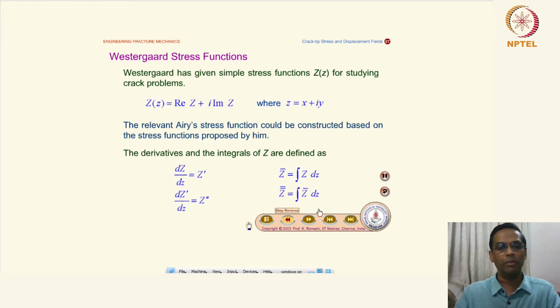These are some of the basic definitions we are going to apply to the Airy stress function. The Airy stress function is a very general stress function used in crack problems, from the theory of elasticity, and the Westergaard stress function is a very specific stress function for these particular crack problems. So that we have to differentiate.